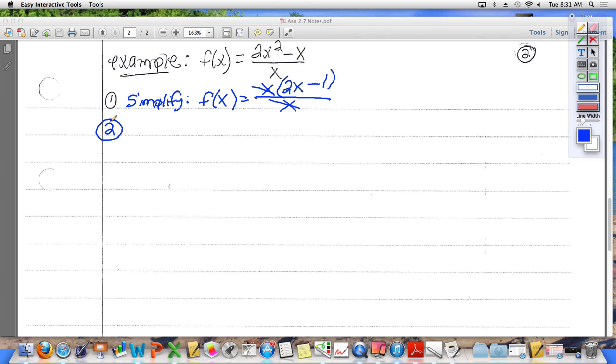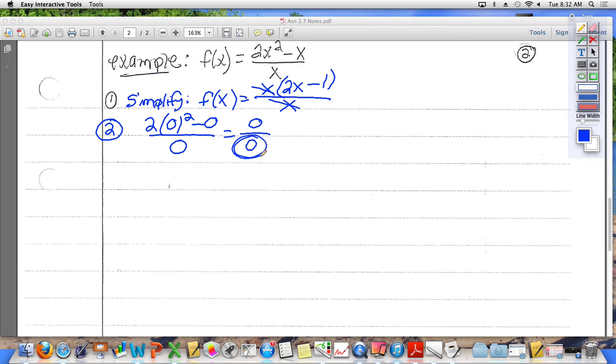So you replace x's with 0. What's going to happen? You're going to have 2 times 0 squared minus 0 divided by 0. Equals nothing, because 2 times 0 squared is 0, minus 0 is 0, divided by 0.